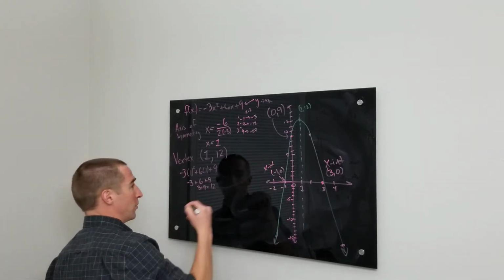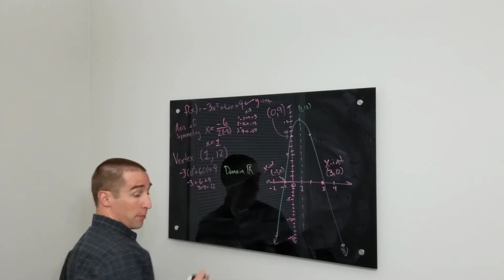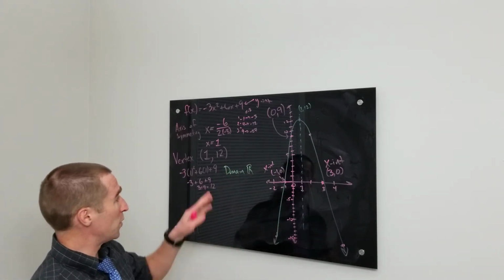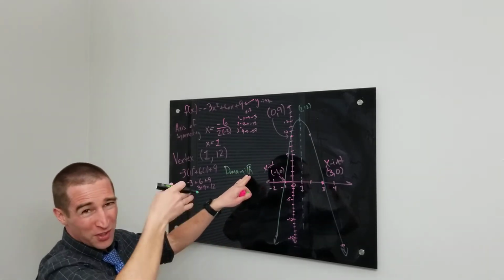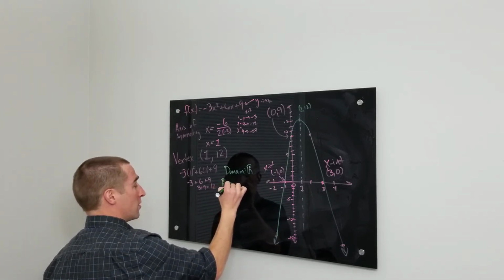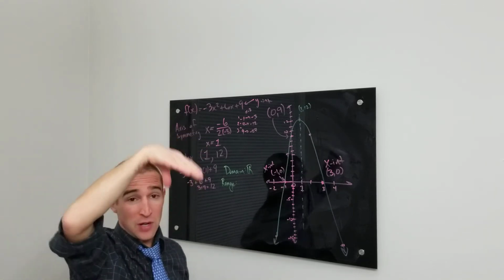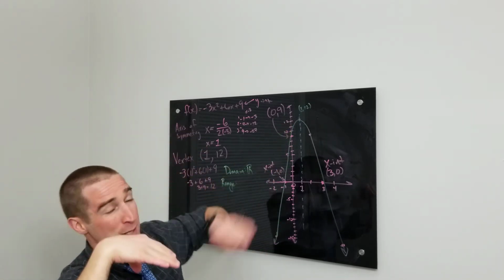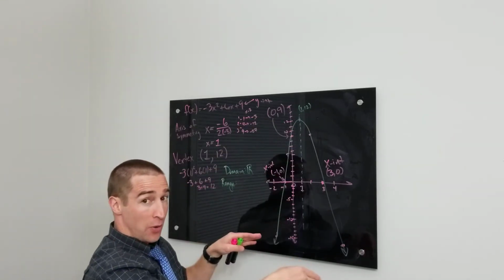Let's talk domain and range. The domain is all real numbers, which we can just say with a little blackboard bold R with a double line on it. And now the range is more interesting. Here the graph is opening downward. When the graph opens downward, it means it has a maximum, or a highest number for the y, and then it gets all the y numbers below it.